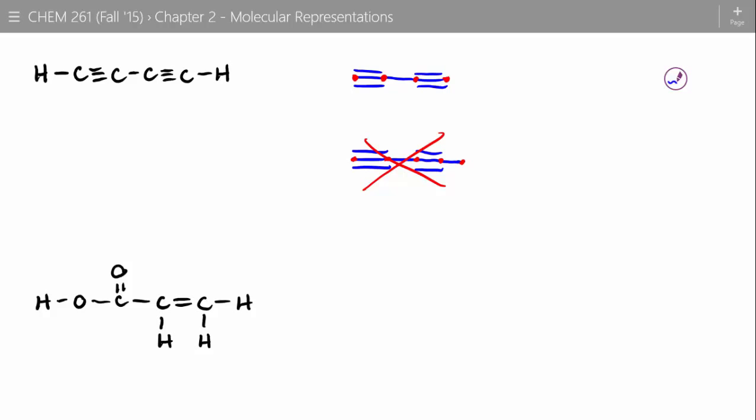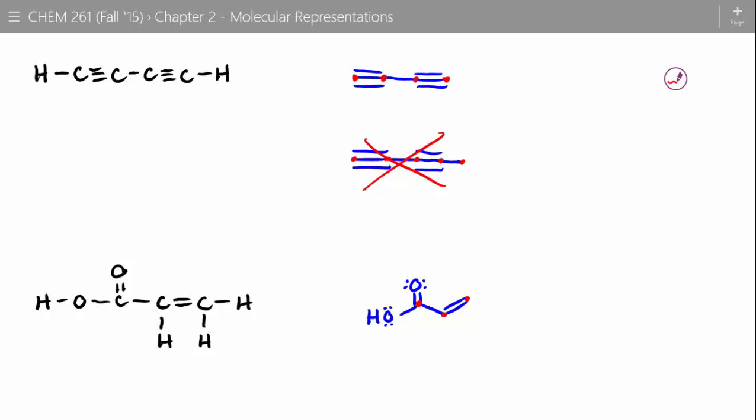All right, so here's how I would draw it. I would draw it like this, right? So if we look at this, there should be 3 carbons. We've got a carbon there, and a carbon there. And then we've got the assumed hydrogens coming off of each of those carbons.